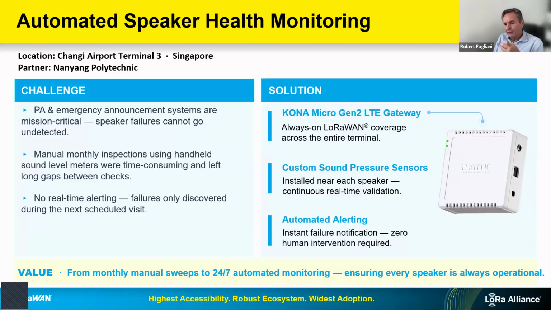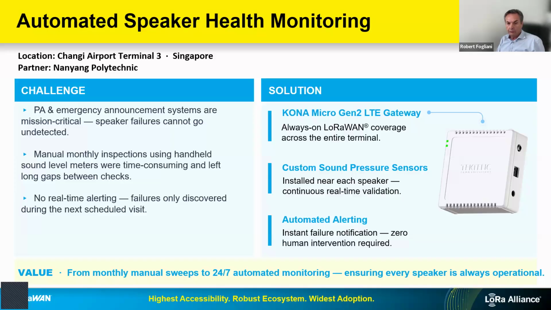Before, technicians had to go around every month and check each speaker by hand. This process was really slow, costly, and time-consuming. Now, with LoRaWAN, we install a small sensor near each speaker and check them all the time. If one speaker has a problem, the system automatically sends an alert, so there is no need for manual testing.